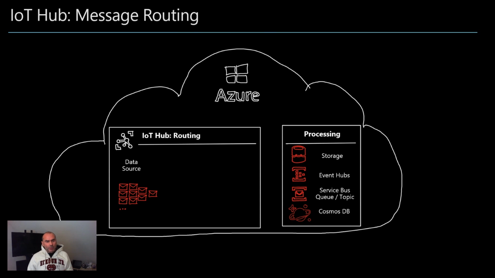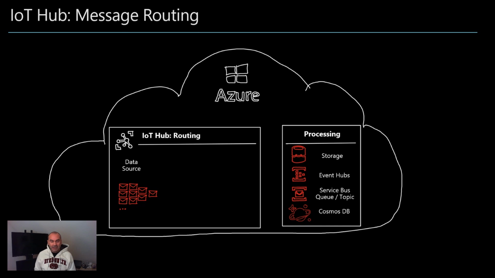But the real question is, how is IoT Hub now doing this? Think about the multiple data sources that you have in IoT Hub. So it's not just the telemetry information that devices are sending to IoT Hub. You also have in IoT Hub data sources like device events.